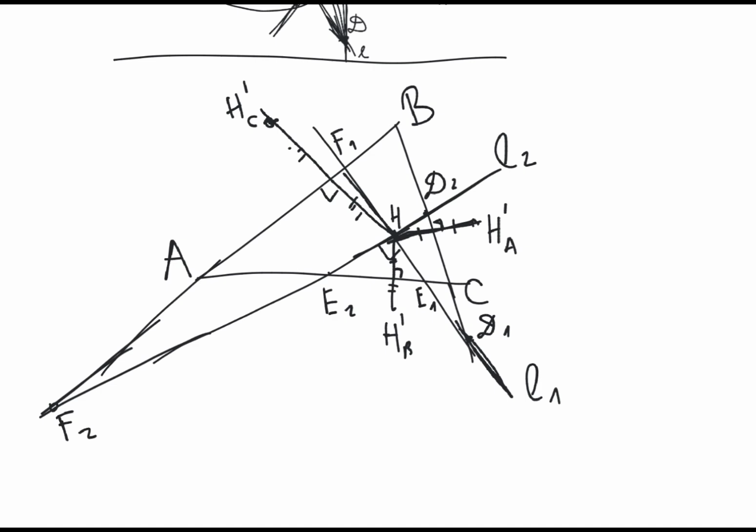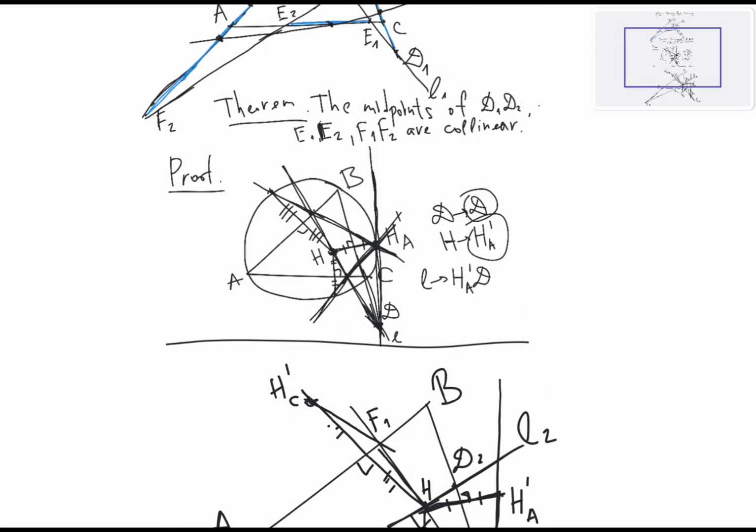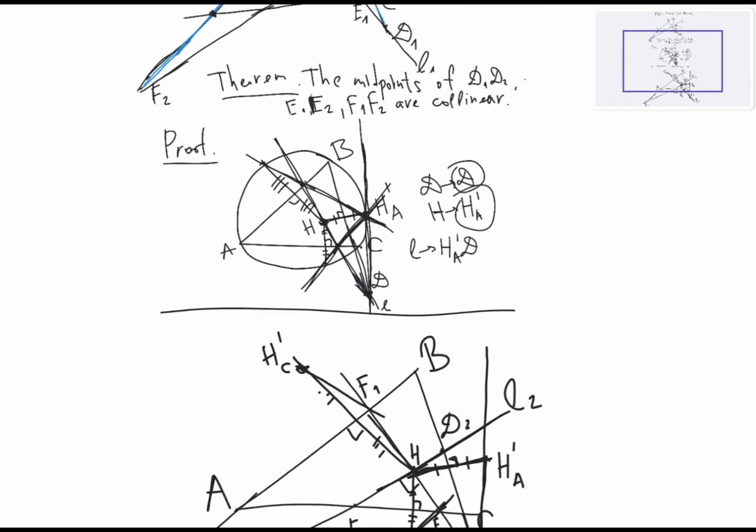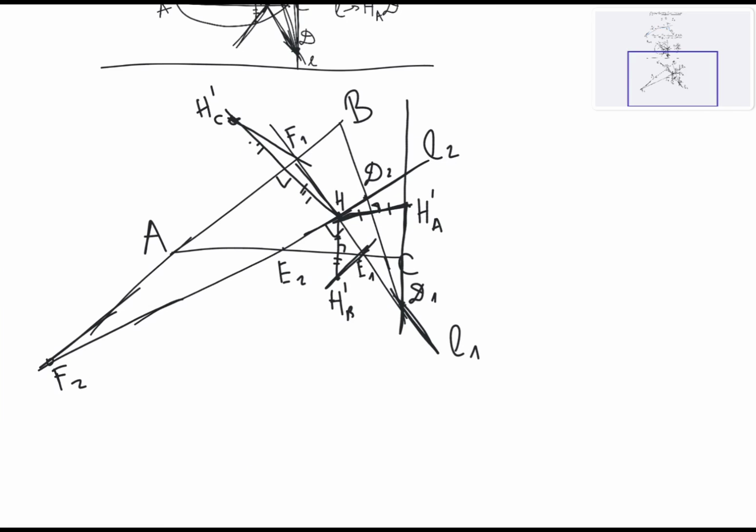Now we consider the reflections of both lines L1 and L2 with respect to the sides. So this line, this line, this line, and this line. And by the theorem that I just stated, these three lines must... first let's denote the circumcircle.